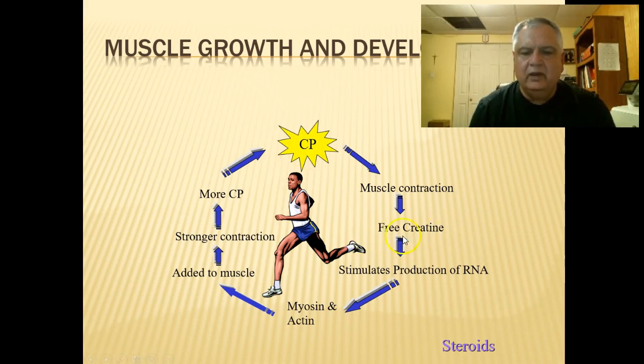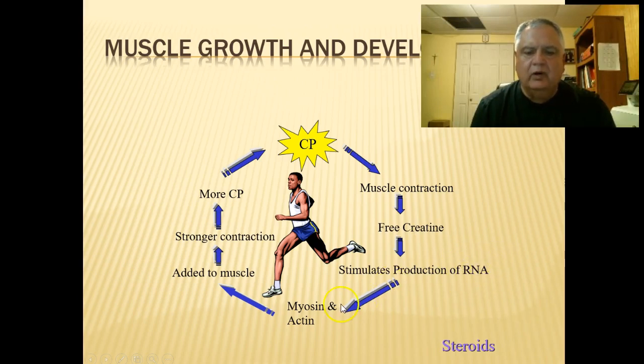This free creatine will act as a feedback mechanism to stimulate the muscle to produce RNA, messenger RNA. Now you may recall that messenger RNA acts as a blueprint for building proteins. What proteins are we going to want to build?